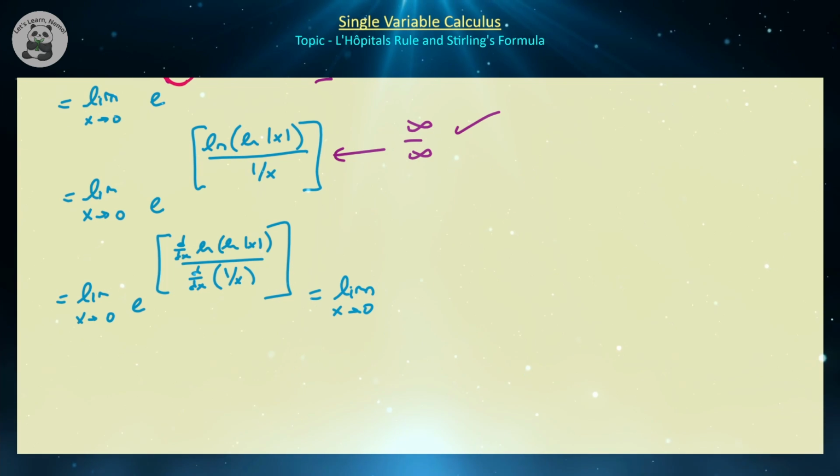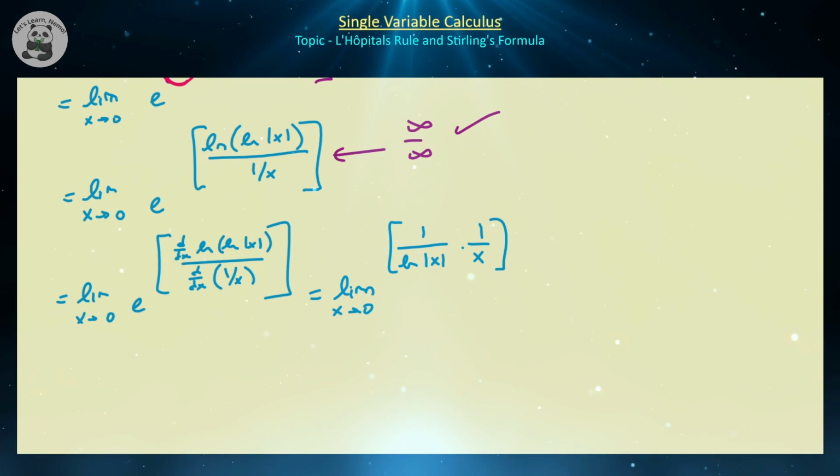So that's going to be equal to the derivative of the natural log, so 1 over the natural log of the absolute value of x, and the derivative of the natural log of the absolute value of x is just going to be 1 over x, and that's going to be divided by the derivative of 1 over x, which is equal to negative 1 over x squared, which I'm going to write as that just because it's a little bit nicer to deal with.